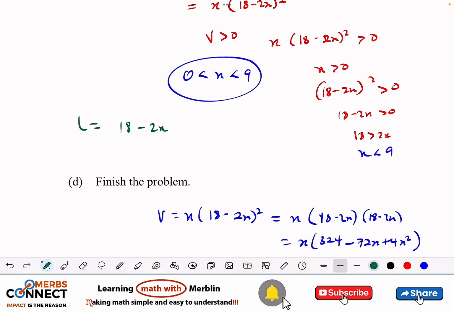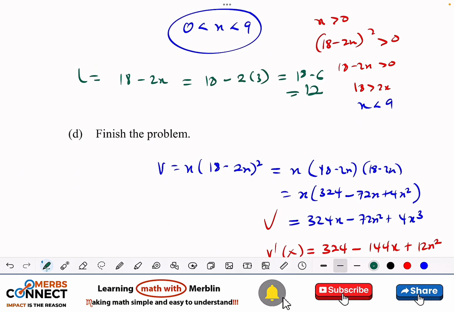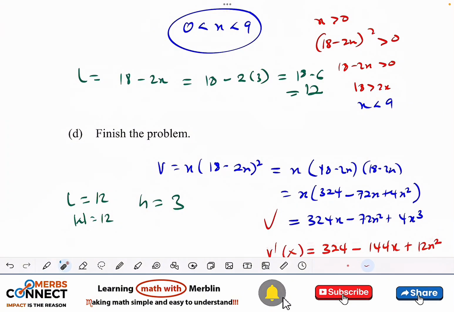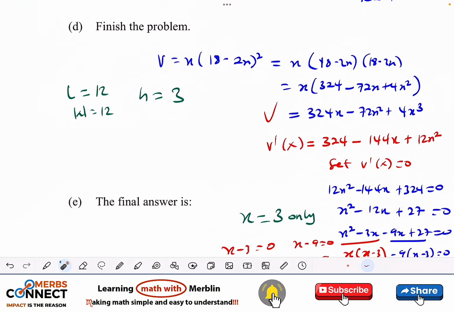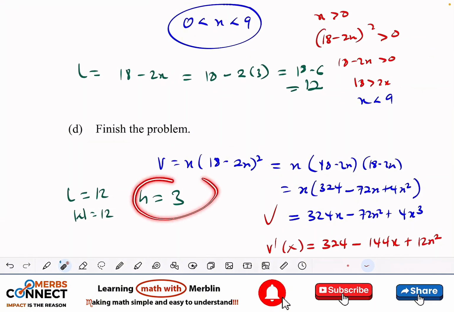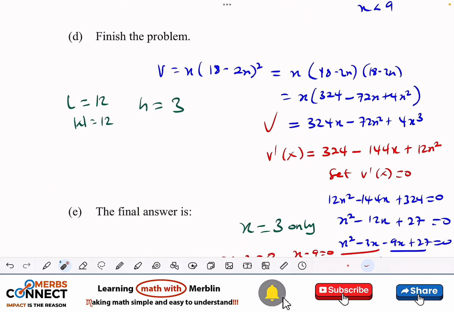So we are going to have 18 minus 2 times 3, which is 18 minus 6, and this gives us 12. Good. So we have the length to be 12, width to be 12, and the height, which was x, is 3. So these are the dimensions that we have here.